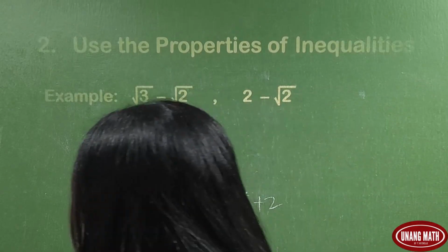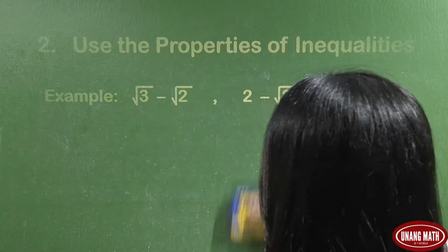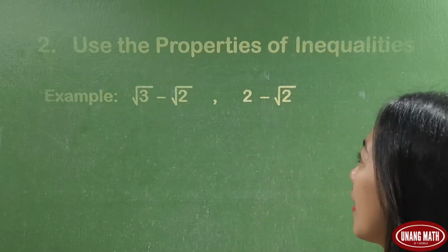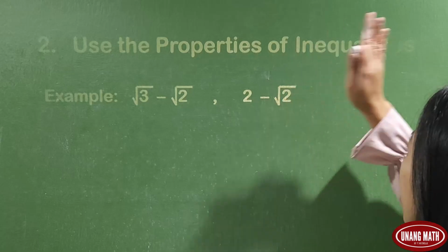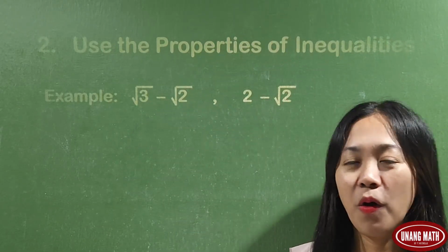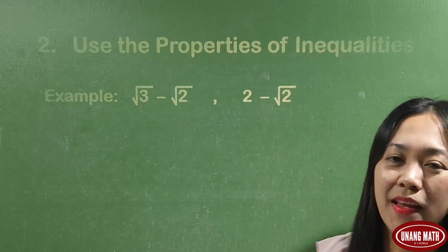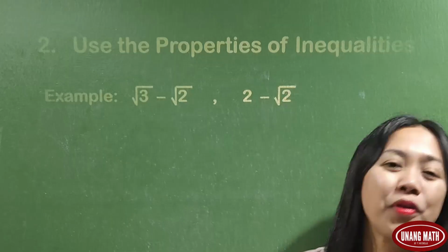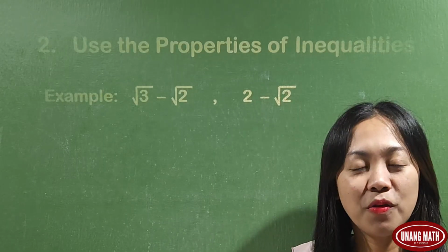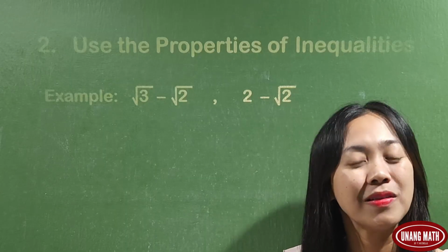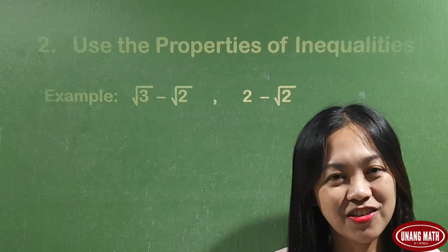Okay, moving on to our second strategy or way. In here, we will be using the properties of inequalities. Okay, let us briefly recall properties of inequalities. If we are adding or subtracting same numbers on both sides of the inequalities, then our symbol or our sign will not change.